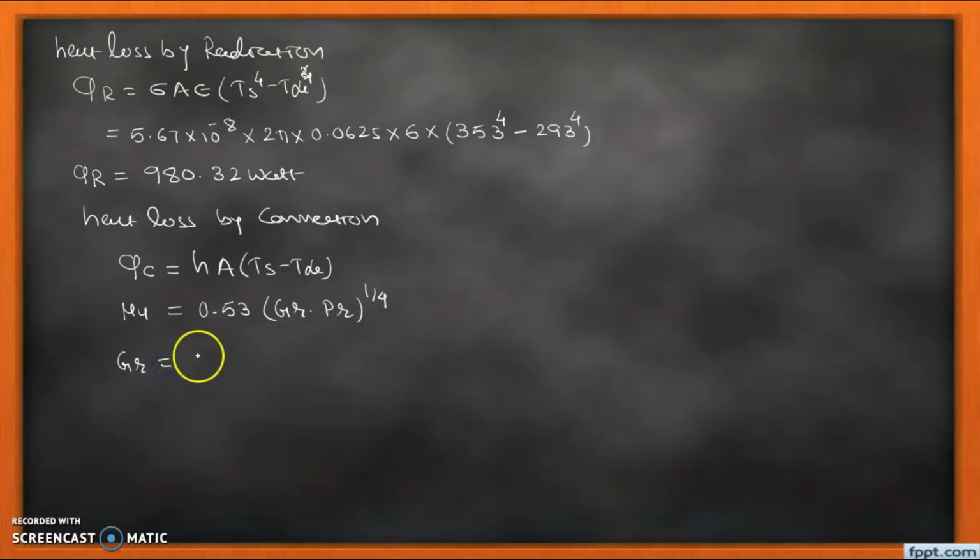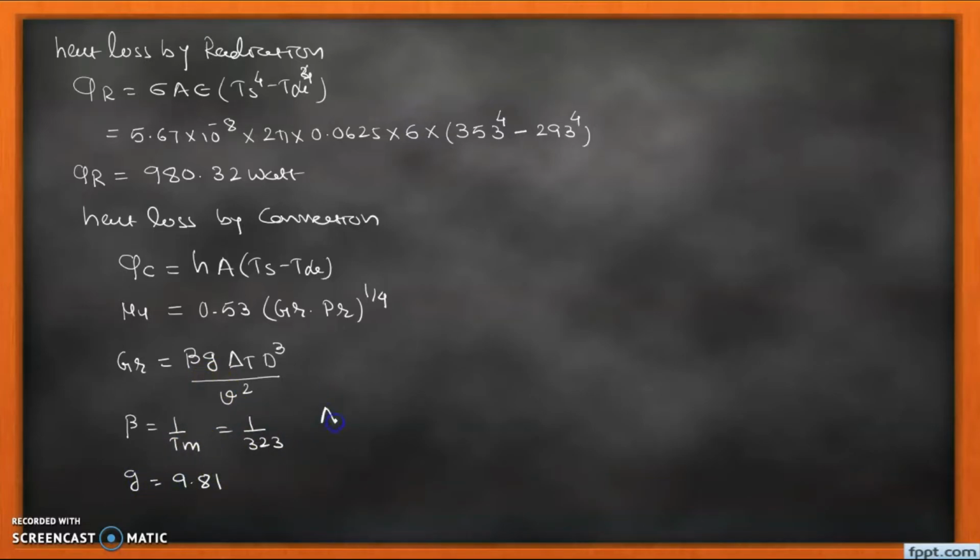So the formula of the Grashof number is beta g delta T L to the power 3 over nu squared. Here the characteristic length is the diameter, so we consider diameter to the power 3 and kinematic viscosity to the power 2. Now we put in the values. We know that beta is 1 by T mean, so it becomes 1 by 323. g is constant, that is 9.81.